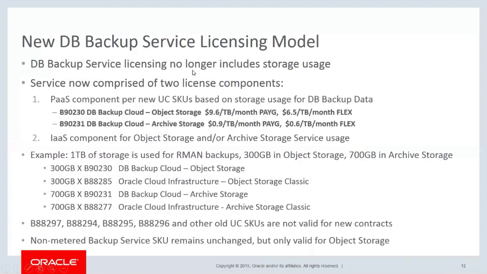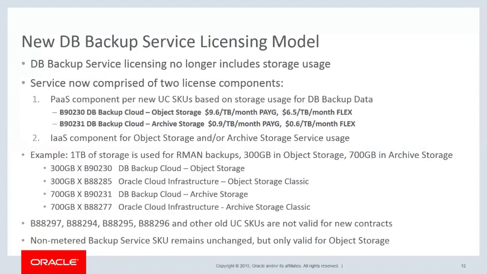Until this 1832 release, and it's still the case for non-metered SKUs, you only had one SKU that included everything, priced basically at the storage cost plus the database backup cloud service actual cost.